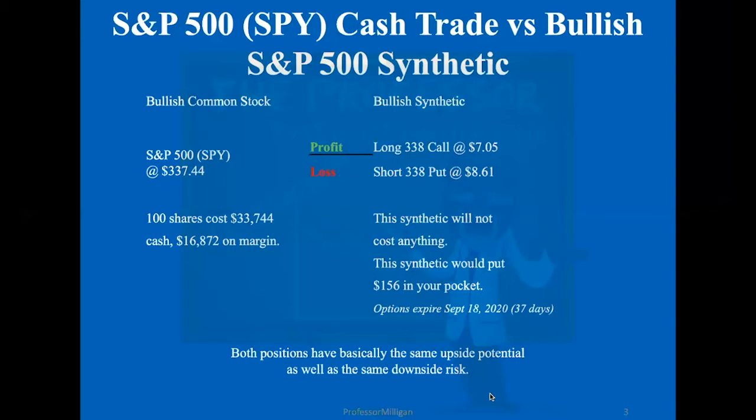And I'll repeat again, both positions are basically the same. They have the same upside potential as well as the same downside risk. The stock itself, if it goes up, will give you a nice return. But as you can see, this synthetic will give you more return. The reason is you've got control of these 100 shares of the SPY, but you didn't have to put any money up. You have control of them.